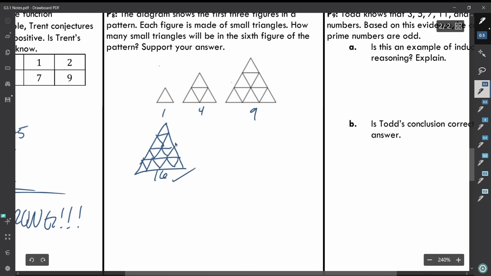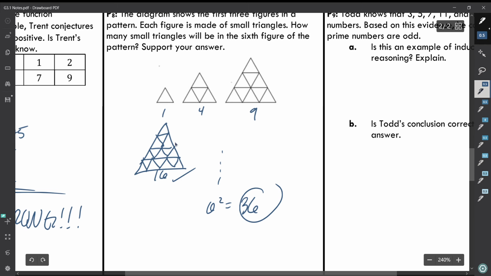So, the first figure was just that number squared, 1 squared. Okay. Second figure is the figure number 2. 2 squared gave me 4. Third figure was the figure number 3. 3 squared gave me 9. Figure number 4. 4 squared is 16. So 6 squared equals 36.